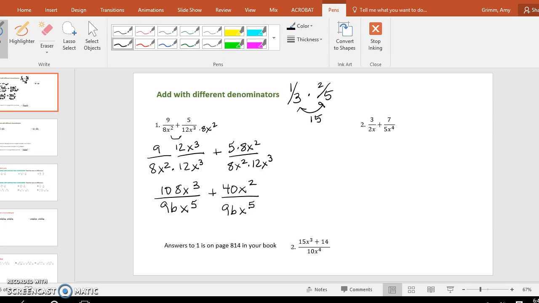And now I can go ahead and combine those two, so I have 108x to the third plus 40x squared over 96x to the fifth.